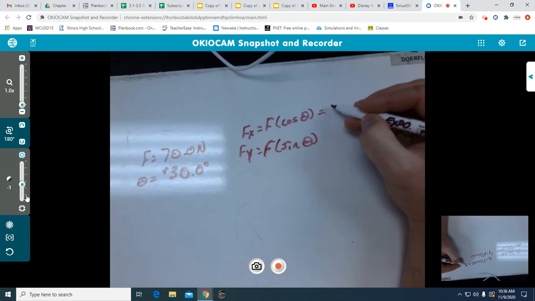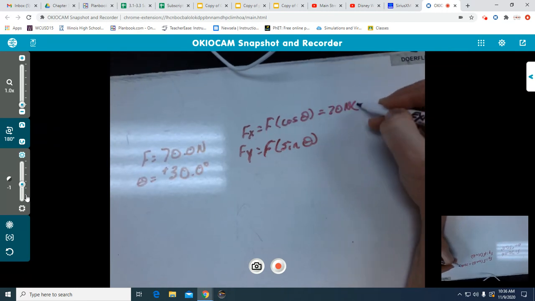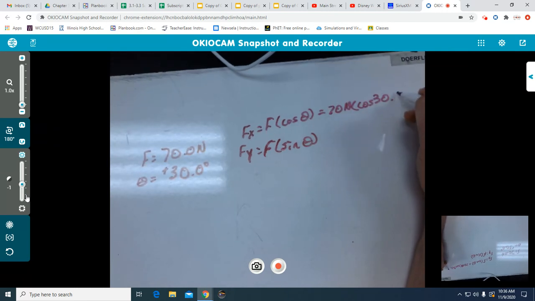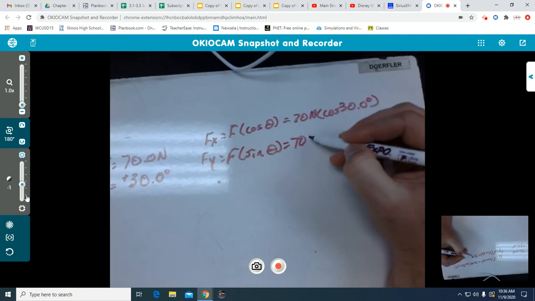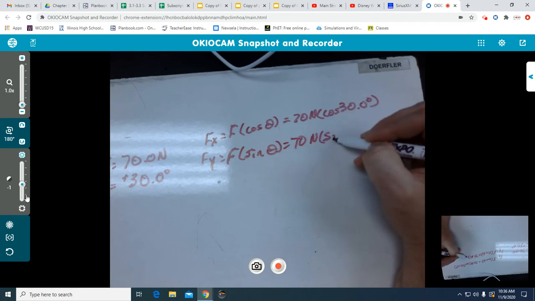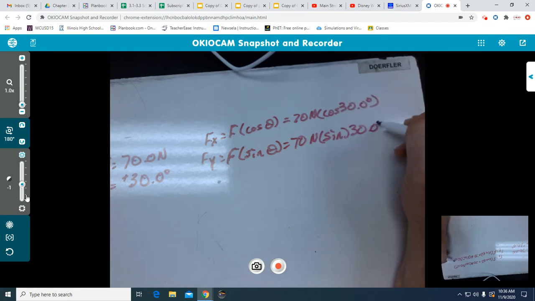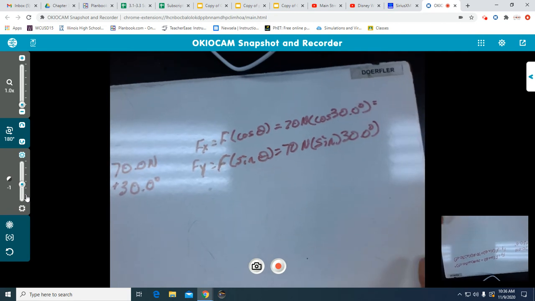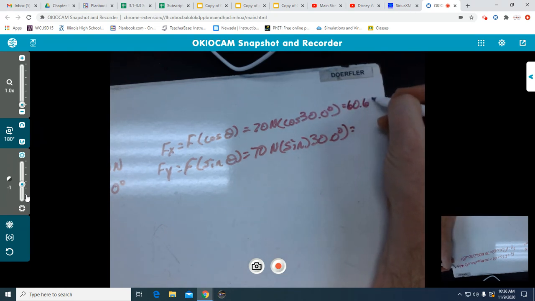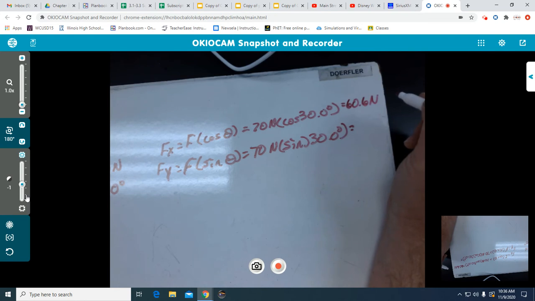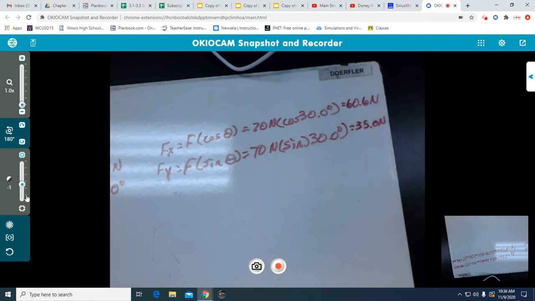This is going to be 70 newtons times cosine of 30.0 degrees, and this will be 70 newtons times sine of 30 degrees. If you want to, you can pause the video and calculate yourself, or you can just continue watching. We should get 60.6 newtons in the horizontal and 35.0 newtons in the vertical.